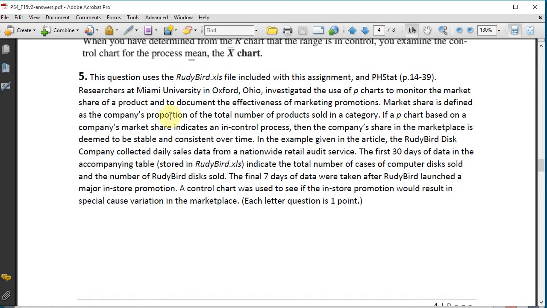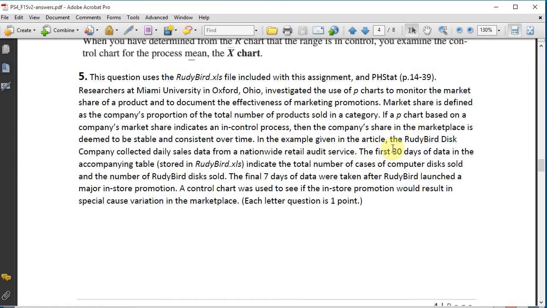Market share is defined as the company's proportion of the total number of products sold in a category. If the P chart is based on market share, then we can look to see if it's an in control process, and if it is in control, then we'd say that the marketplace is stable and consistent.